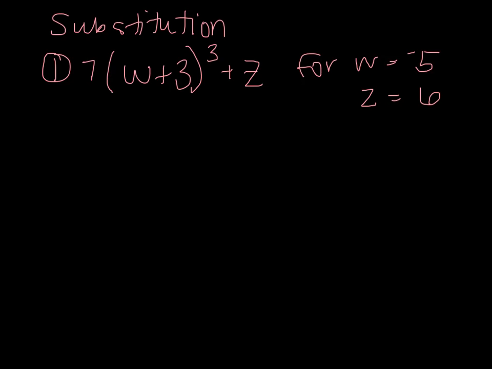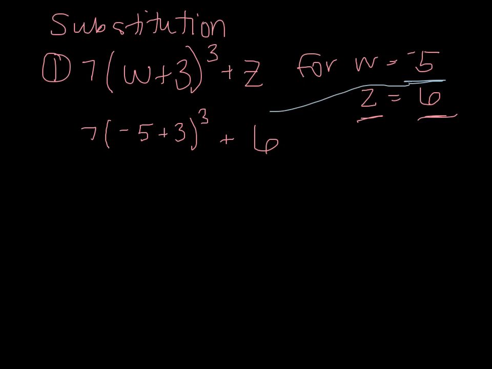So all we have to do is take those letters and exchange them for the number they're meant to be. If I rewrite my original equation, I would get 7 times the quantity of negative 5 plus 3 cubed plus, and then instead of a Z, I'm going to write a 6. All I did is take this negative 5 and plug it in for the W, and this 6 and plug it in for Z. All I'm doing is changing the letters for the right numbers. Okay, now I need to solve.